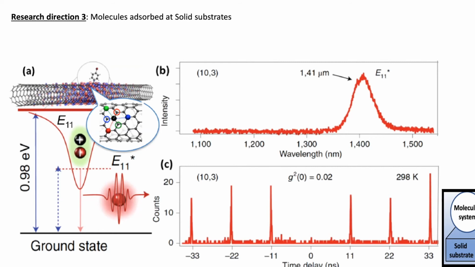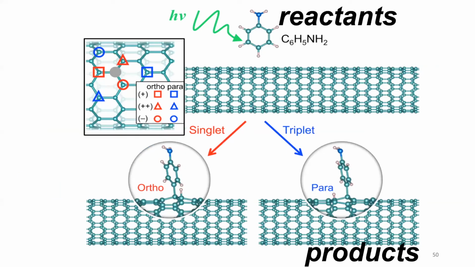And there is a collaboration with several institutions, led by Los Alamos National Laboratory, where one is trying to obtain emission from carbon nanotubes, which are known to be good absorbers but poor emitters.